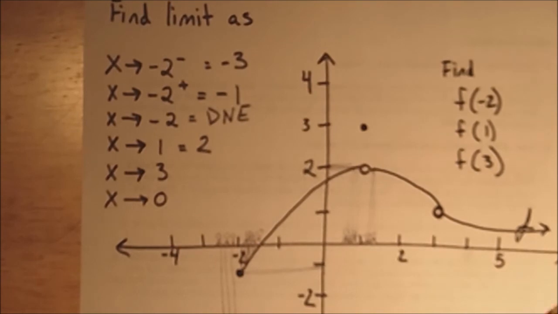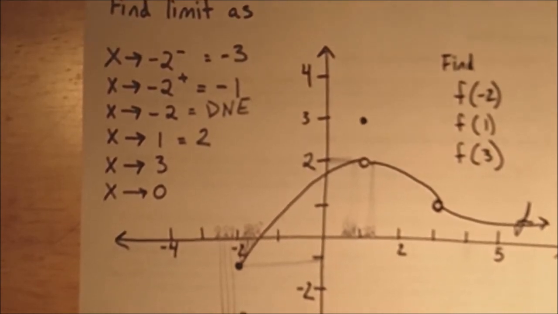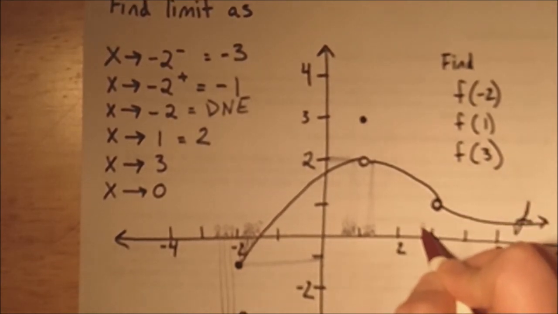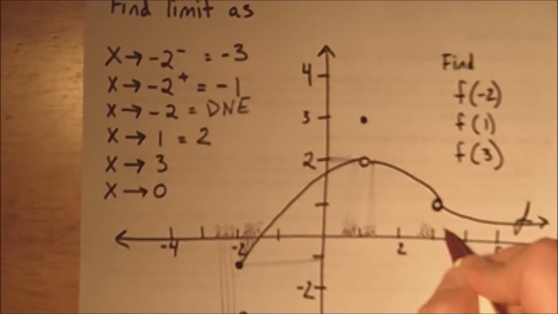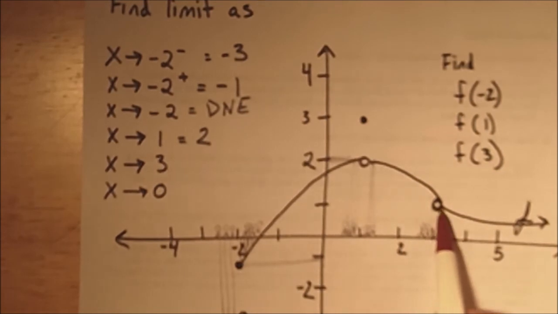Now I want to look at the limit as x approaches 3. So again, same kind of thing. I do have an open circle. It's very exaggerated there, the way I drew it. But I'm walking up to 3. So you take a minute and conclude what this limit should be.